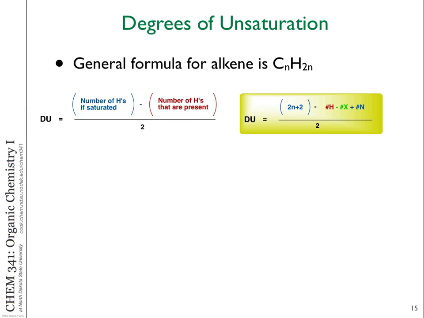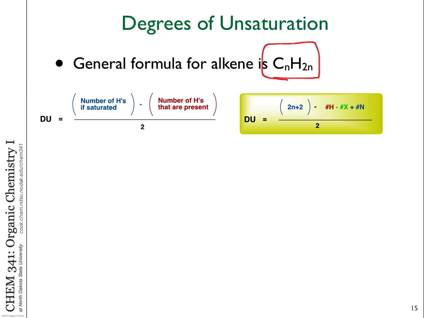One of the things that we use to describe alkenes is their general formula. The general formula for an alkene is CnH2n. Where have you seen that before? CnH2n is a general formula for a cycloalkane.